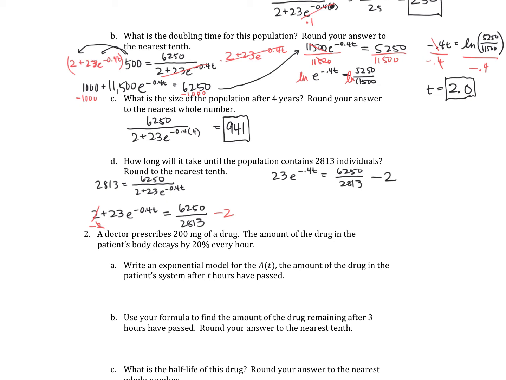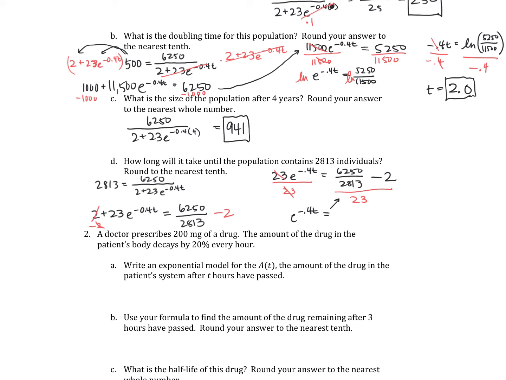Notice I'm not even simplifying this or putting it in my calculator yet. You can if you'd like, but make sure you don't round in any of your intermediate steps. You have to keep the exact answer until the very end and only round at the very end. So now we'll be dividing by 23. So this will be e to the negative 0.4t is equal to this whole thing.